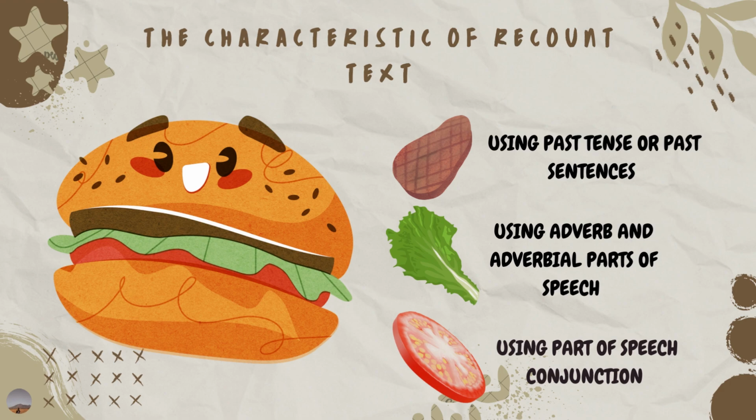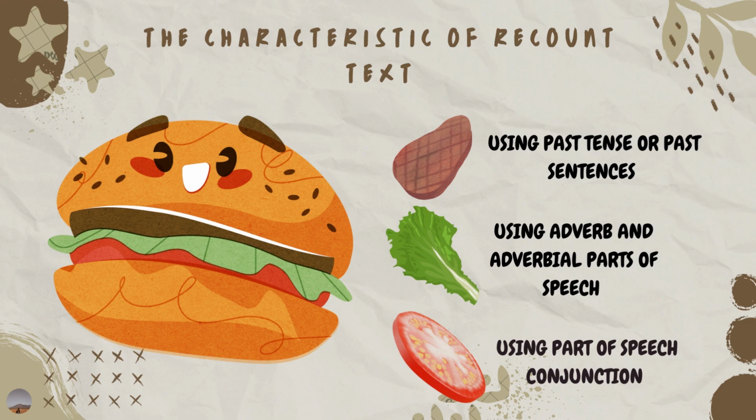The second characteristic of recount text is using adverbs and adverbial parts of speech to describe time, place, and manner. For example, last October, Bandung, on the third day, at the park, and etc.